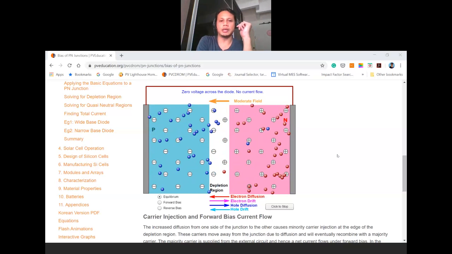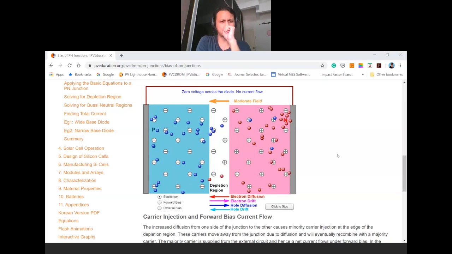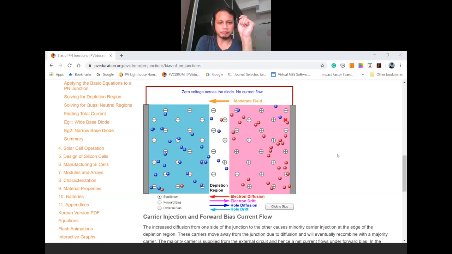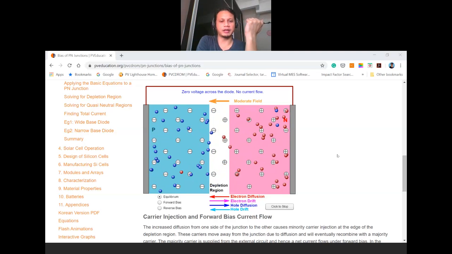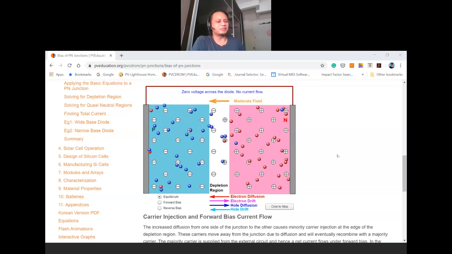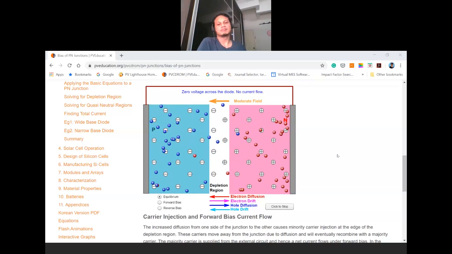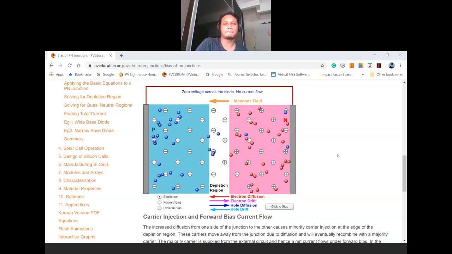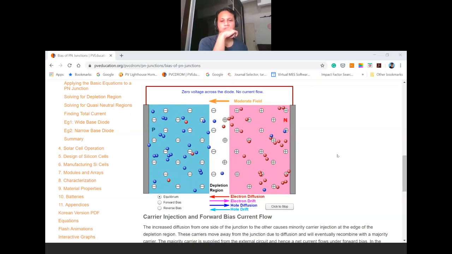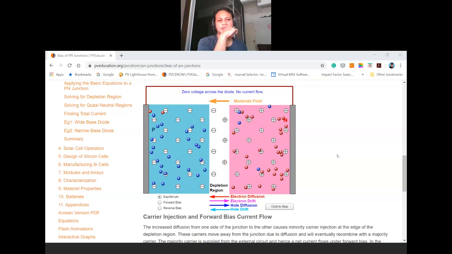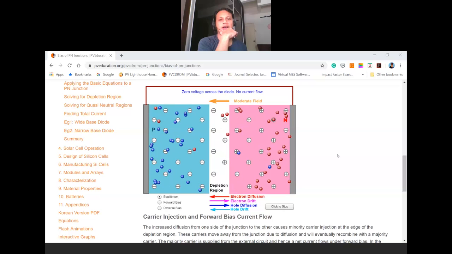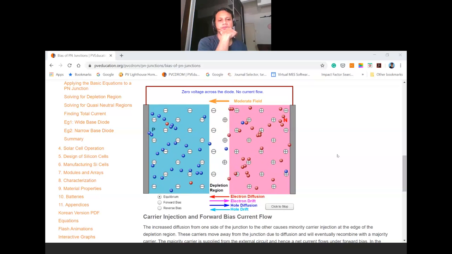But now we do see some of them, a little, not the majority, still crossing the junction, right? Why do you think so? In principle, they're not supposed to cross, but they are now crossing. Any guess? If you see there, the blue is hole, red is electron.